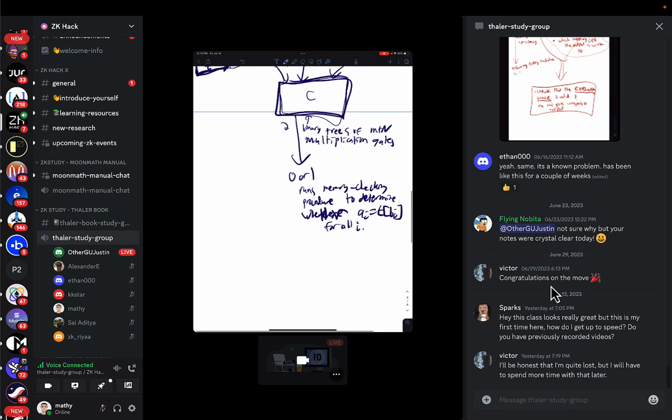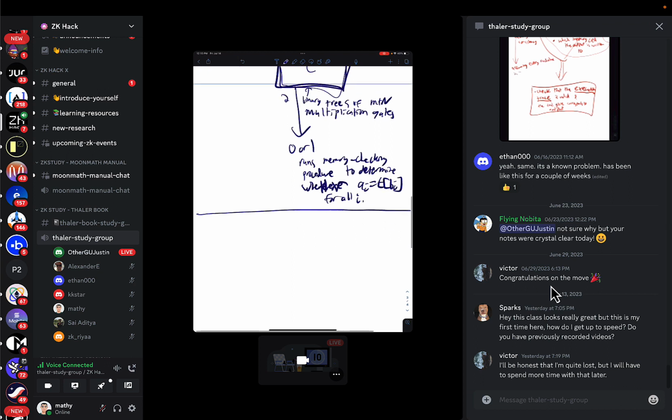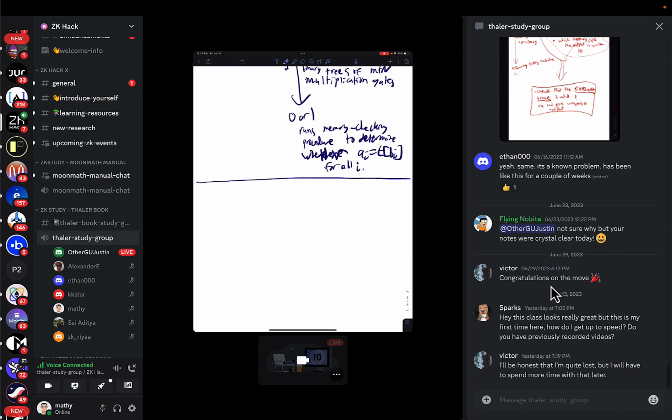Now, as far as sparse polynomial commitments go, let me just sketch this, and this is basically what we'll talk about next week. So this is a sparse polynomial commitment. I care generally about multilinear polynomials, but there are some SNARKs, like Marlin, where you would actually want to commit to a sparse bivariate polynomial.